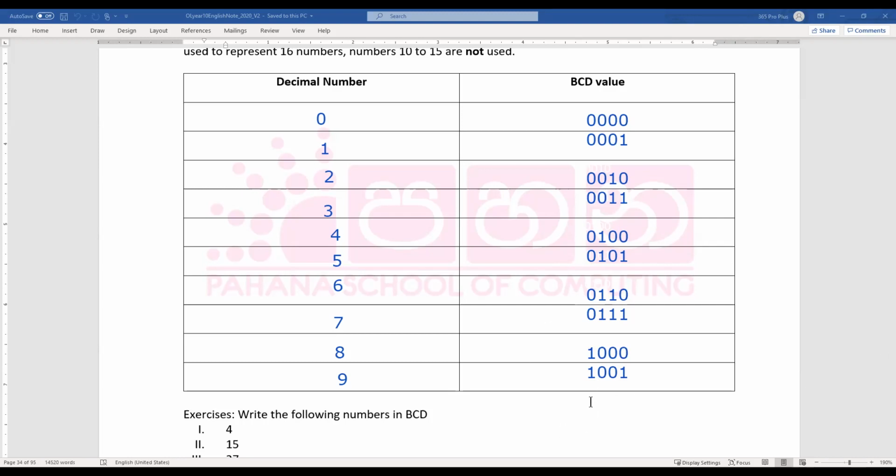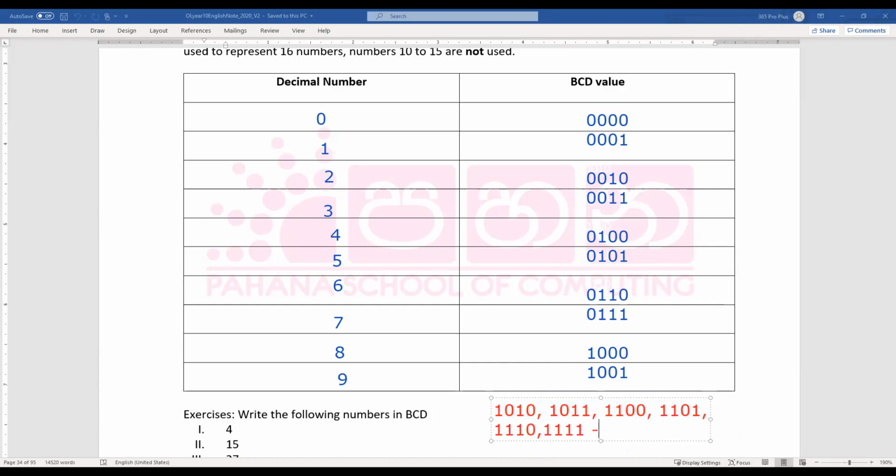So the values after this, that means 1010, 1011, 1100, 1101, 1110, and finally 1111, are not valid BCD numbers.